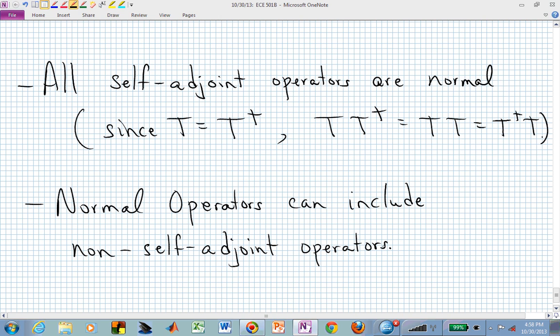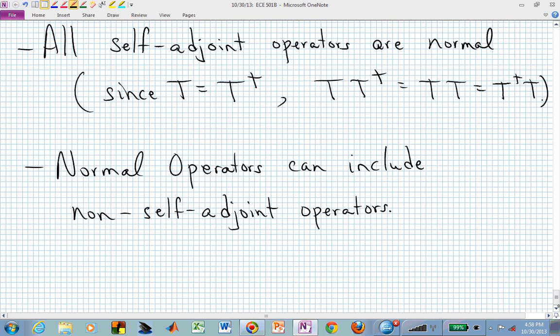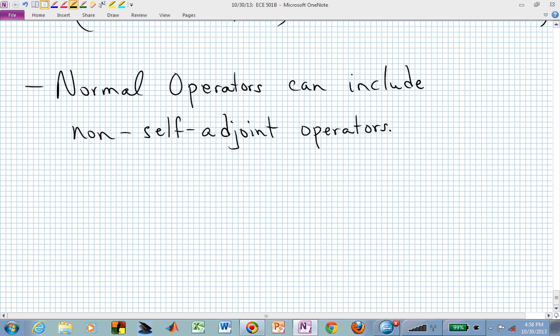Meaning you can have normal operators that are not self-adjoint. Self-adjoint is more restrictive than normal. So normal operators can include non-self-adjoint operators. And Axler gives us some examples, or one example. So let's look at that.